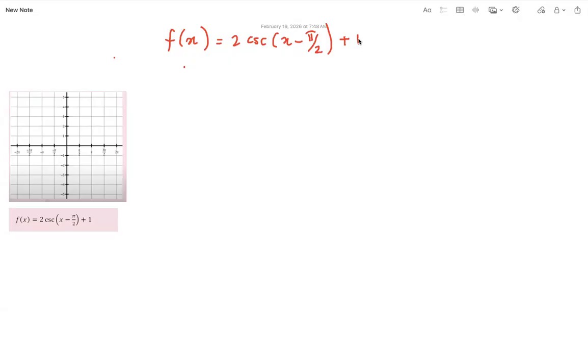Cosecant, cot. When there is a phase shift, yeah, there is a phase shift, right? Previously we didn't have a phase shift. Phase shift is a little confusing.